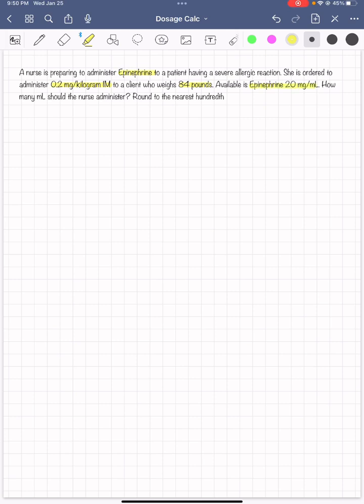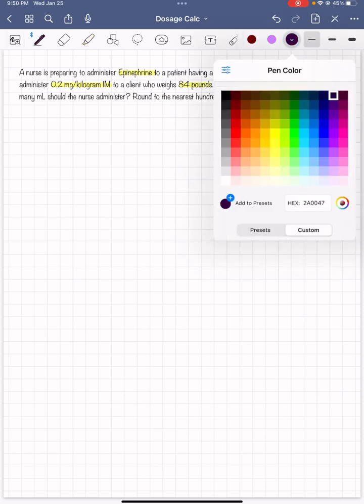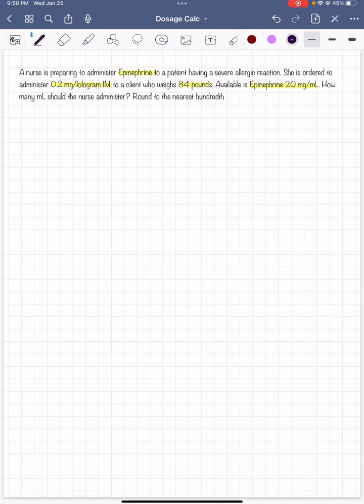So the first thing I would advise doing is go ahead and convert your pounds to your kilograms. So remember the conversion. 1 kilogram is the equivalent of 2.2 pounds. So if my patient is 84 pounds, how many kilograms is that?